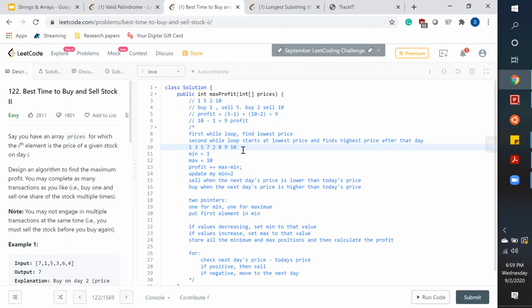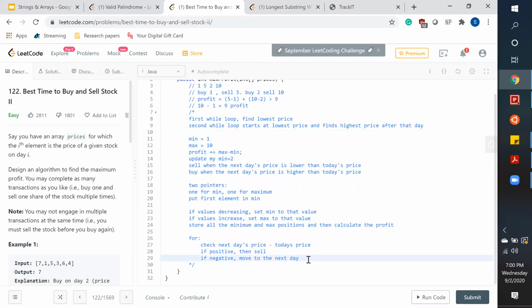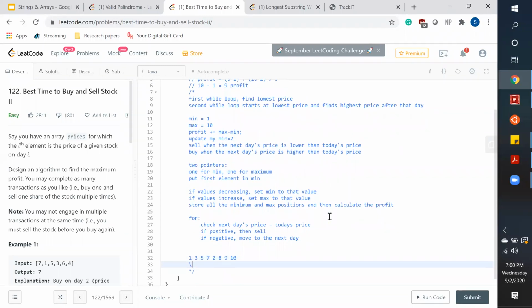And here, let's work down here with more space. So let's say we have this, right? So at this point, my buy and sells are going to be at 1 and 7, and then at 2 and 10, right?